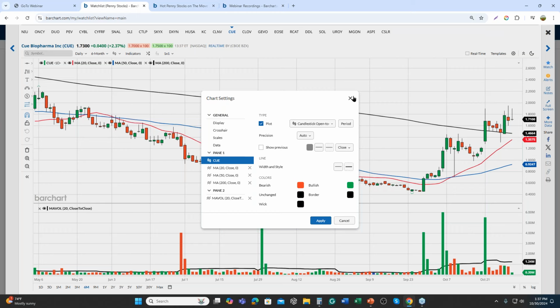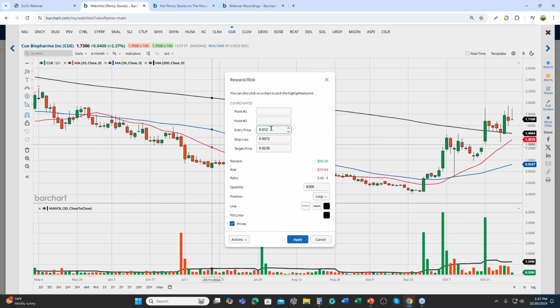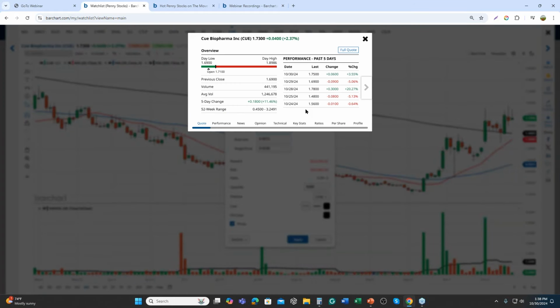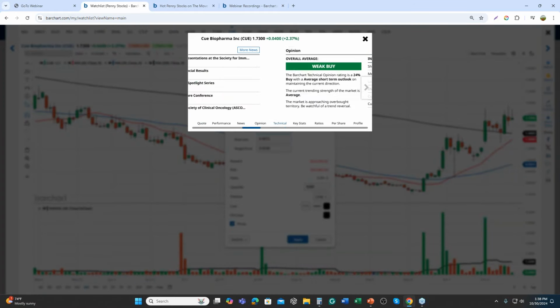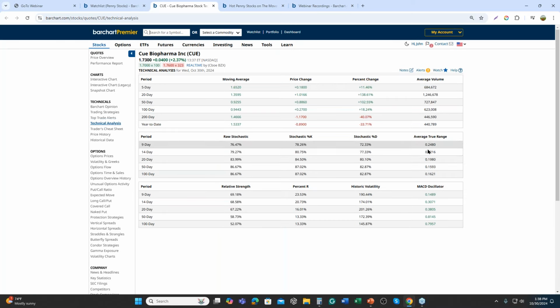All right. So I'm going to come back in here. I'm going to pull up my risk to reward. All right, my entry is 1.62. All right, what's my stop loss? Come to my more data, technical analysis. And I can see my 9-day ATR is 0.248.